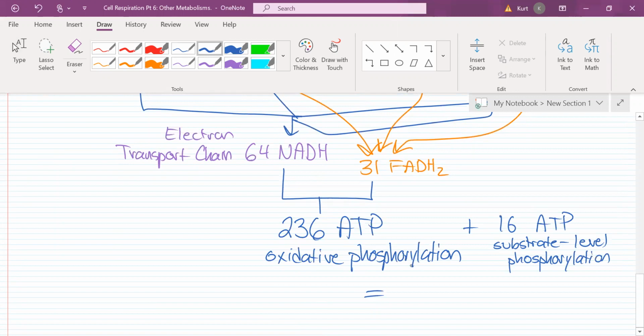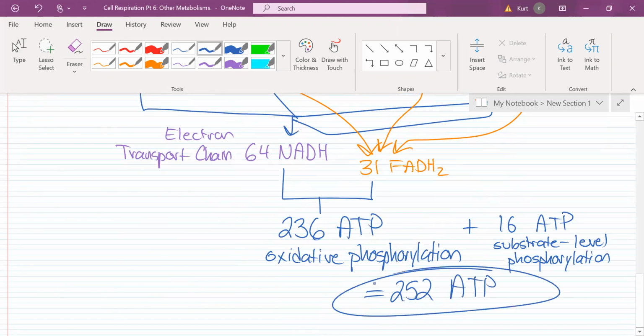This is going to result in, I believe it's 252 ATP. That is a lot of energy that you can get from breaking down fat. And that was actually a small triglyceride molecule. If you had a true size triglyceride, it's probably going to be around 600 to 700 ATP.